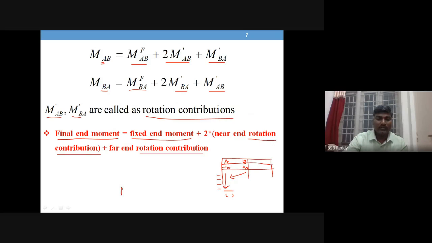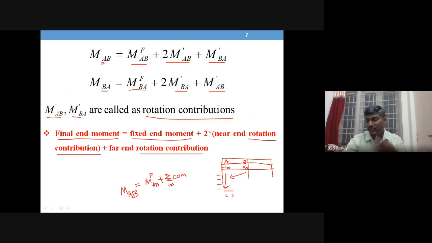So there, in case of moment distribution method, it was simply MAB equal to fixed end moment MFAB plus sum of carryover moments from different number of cycles, i is 1 to n. Okay, n is the number of cycles. So if you have 4 cycles, all 4 carryover moments you are going to add, isn't it?